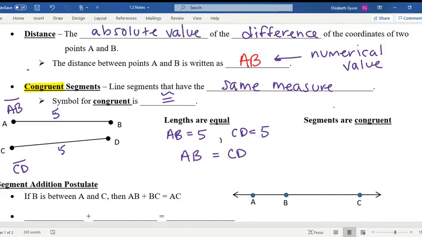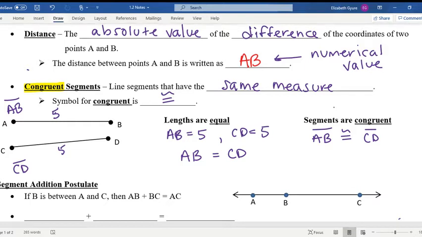Now, since they have the same measure, that means they're congruent. And how we would write that is segment AB, with your little bar above it, is congruent to segment CD.